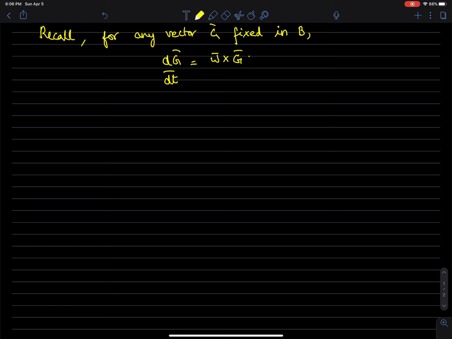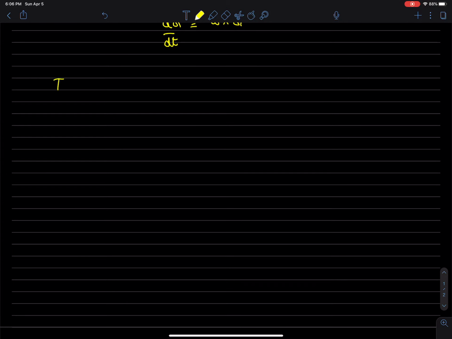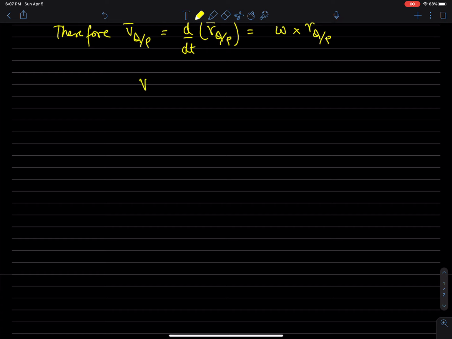So therefore, VQ with respect to P equals d by dt of RQ with respect to P equals omega crossed with RQ with respect to P. Okay, so let's just box that thing.